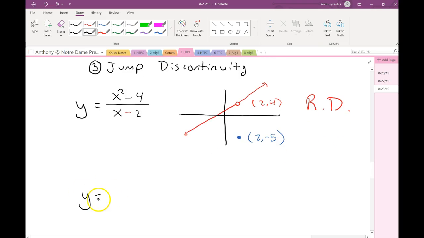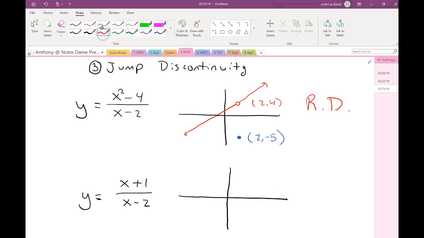Let's say we have something like this. So this graph would look like this.